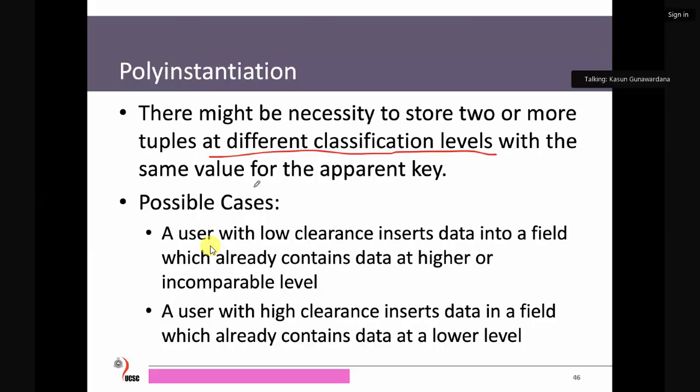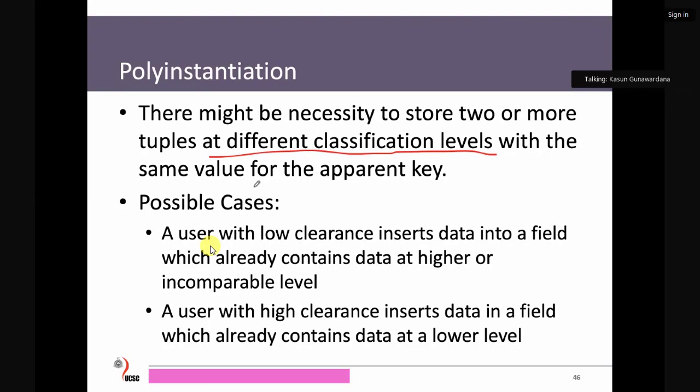This is what I mentioned earlier when I introduced the term apparent key. With the same apparent key, there can be different rows with different classification levels.